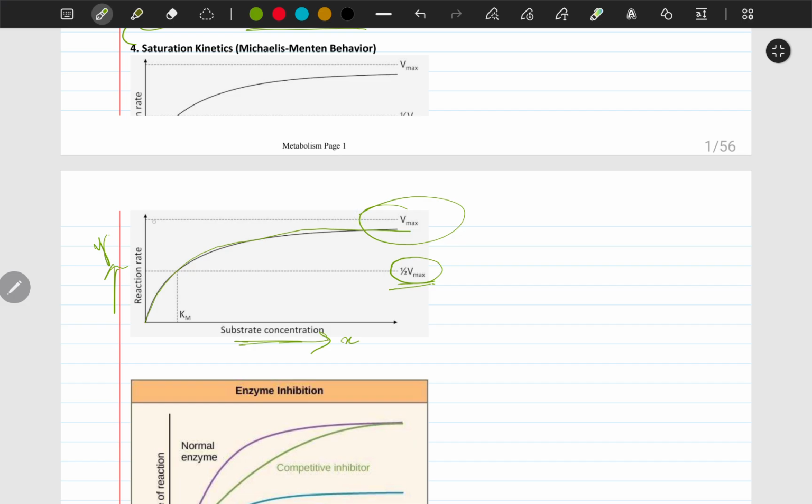What is Vmax? The maximum velocity this can reach. But at half of Vmax, when we correspond this to the concentration of substrate, we get Km.